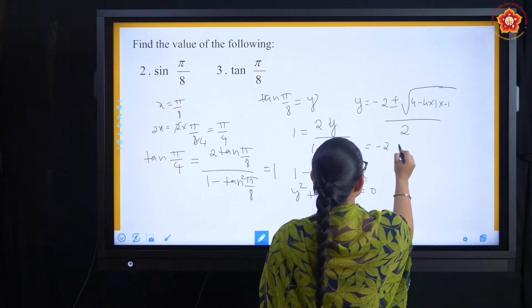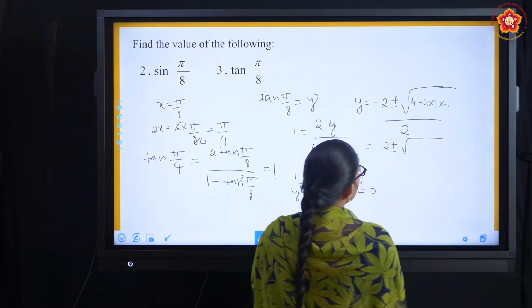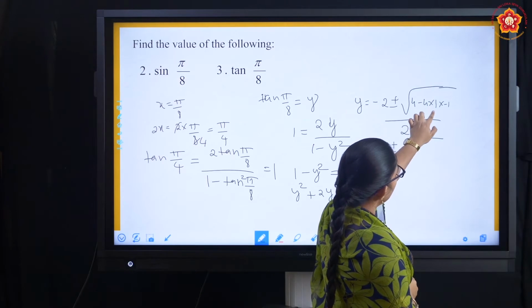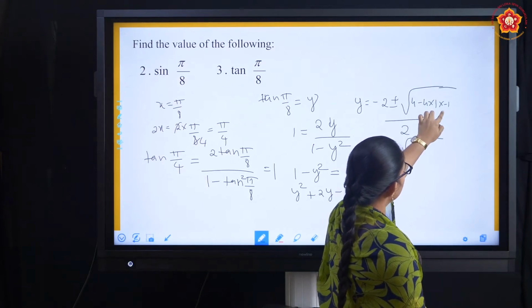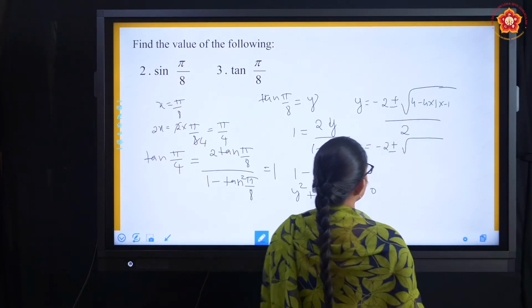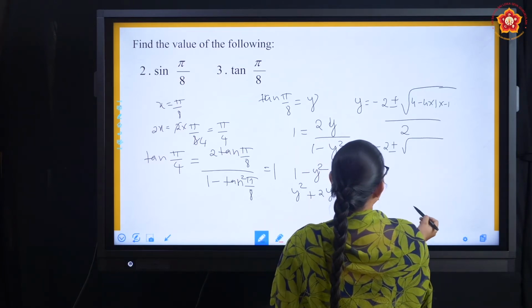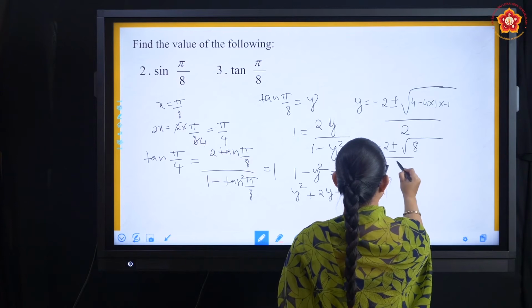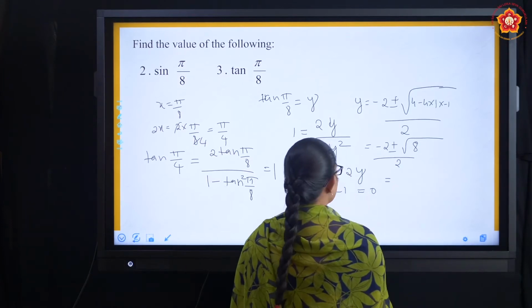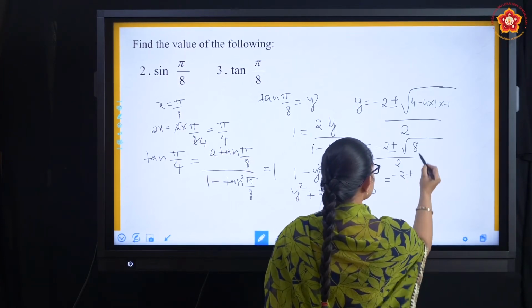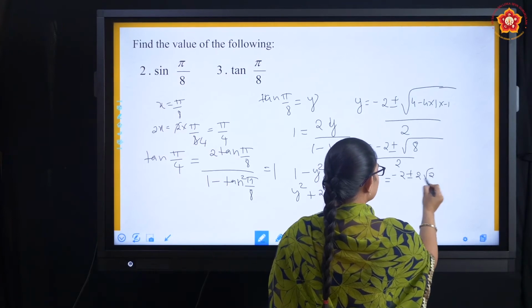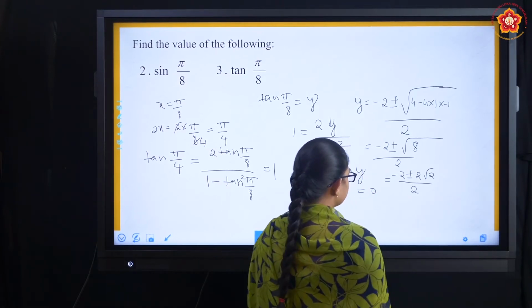So that is minus 2 plus or minus square root of 4 minus 4 into minus 1, that is minus 4, minus of minus 4, that is plus 4. So 4 plus 4 is equal to 8 divided by 2, or you can write that as minus 2 plus or minus root 8 is 2 root 2 divided by 2.